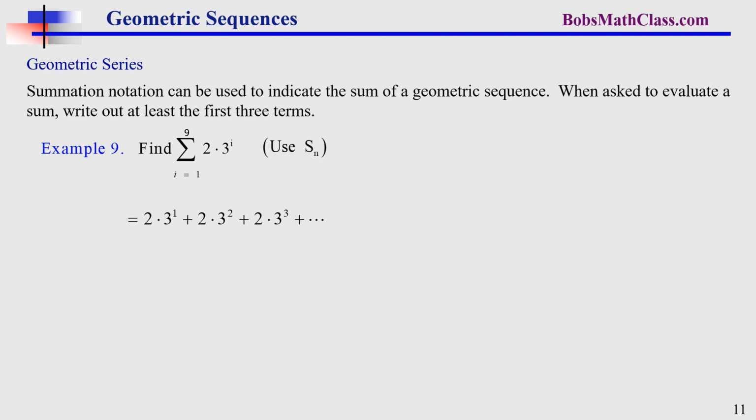That should be enough to determine if this is arithmetic, geometric, or possibly neither. So 3 to the 1 is 3, 3 squared is 9, 3 cubed is 27. So now we have our first three terms, 6, 18, 54.